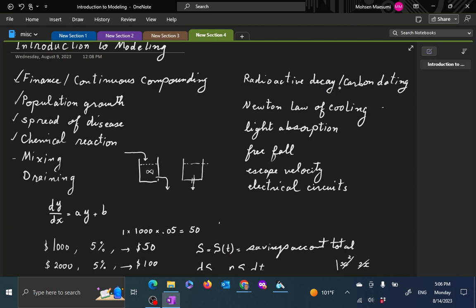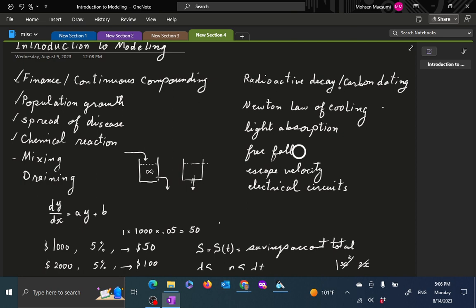A substance decays, and as a result of that, the amount of that substance reduces. So that's going to have an equation very similar to this, except that the rate that we have is going to be negative. Then we have these other ones, Newton's law of cooling, a little bit more sophisticated version of some of these problems. Light absorption, very similar to radioactive decay.